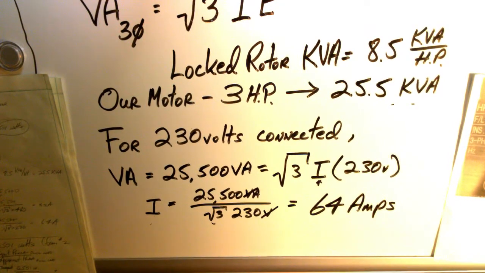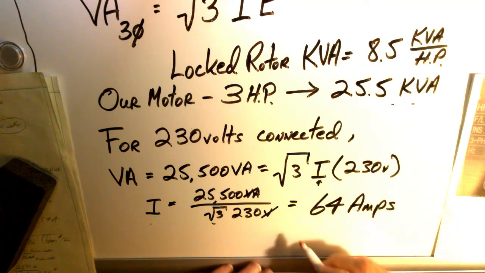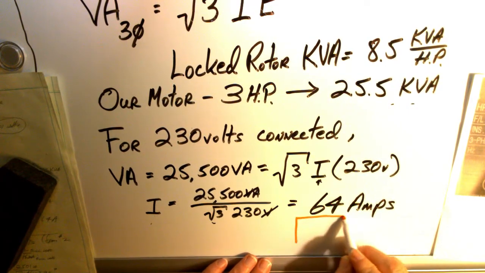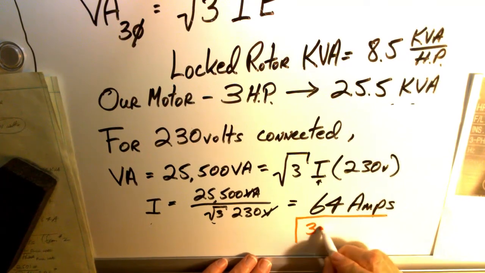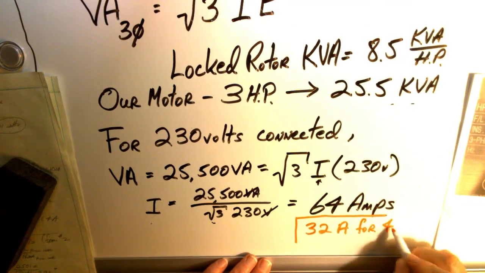And if we had been connected for 460 volts, then it would have been 32 amps. My apologies for my mistake. So that will be 32 amps for 460 volts.